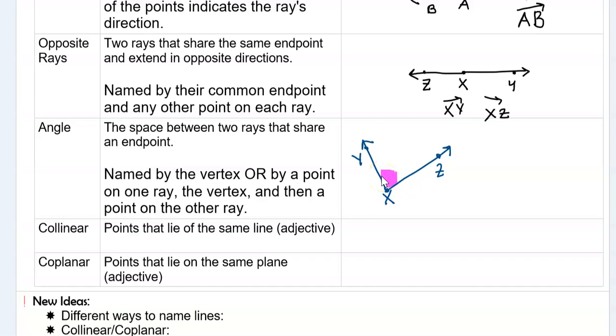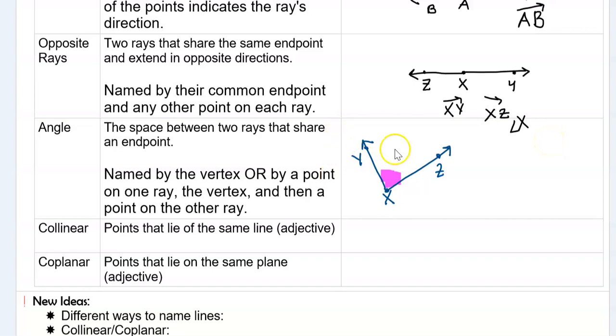It's this space between it. And I could name this angle a couple ways. I could just call it angle X. And you notice that angle X is not a less than symbol, it's an angle symbol, which is just pointed down a little bit. So I could name it angle X.